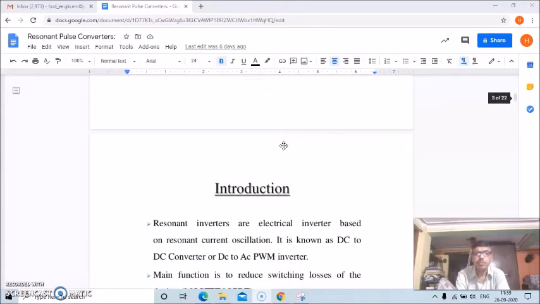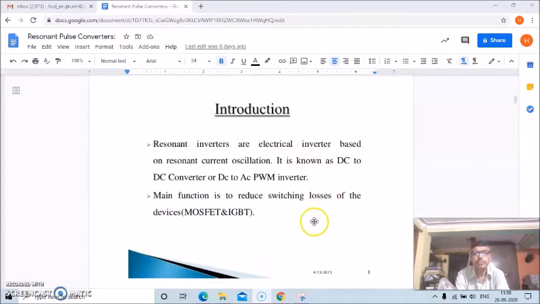As I told you in our earlier discussions also, resonant inverters are electrical inverters based on resonant current oscillations. So it is known as DC to DC converter or DC to AC PWM inverter, and the main function is to reduce switching losses of devices, MOSFET and IGBT.